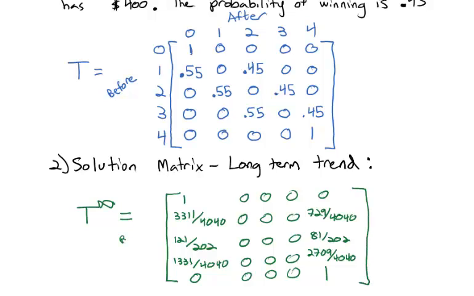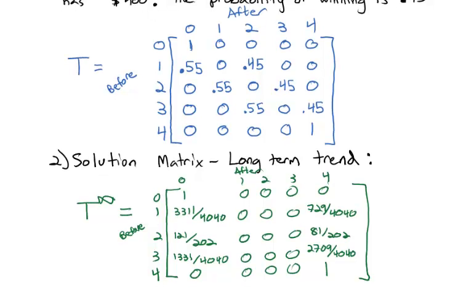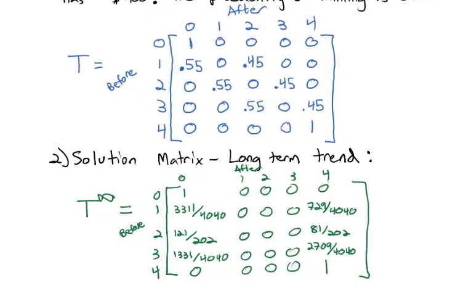Now putting on the before after labels of 0, 100, 200, 300, $400, 0, 100, 200, 300, $400. What this is going to tell us is in the long run, if at any point he has $200, there's a probability of 121 out of 202 that he's going to come up with financial ruin.